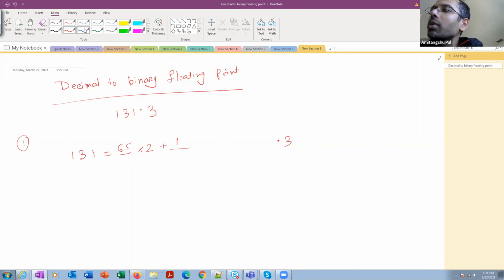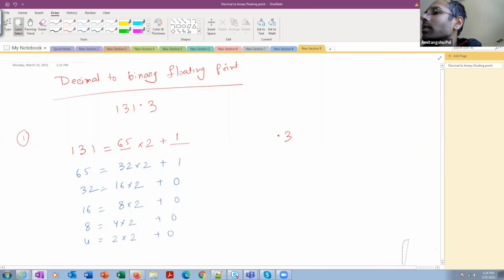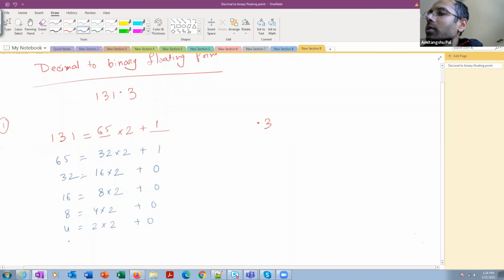Then I use the same thing on 65. 65 can be written as 32 into 2 plus 1. 32 is 16 into 2 plus 0. 16 is 8 into 2 plus 0. 8 is 4 into 2 plus 0. 4 is 2 into 2 plus 0. Then 2 is 1 into 2 plus 0. And then 1 equals 0 into 2 plus 1.